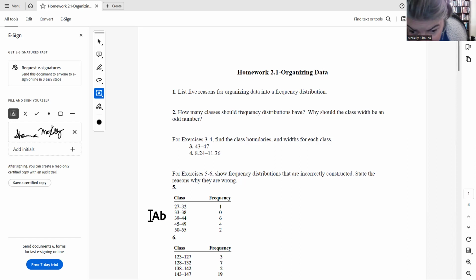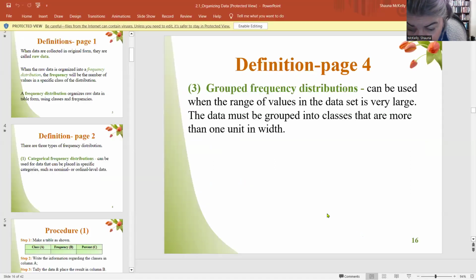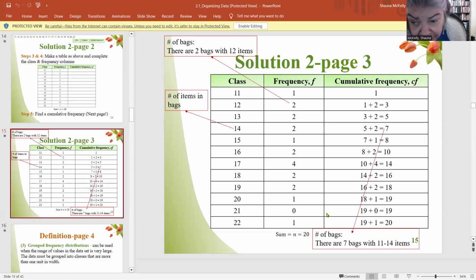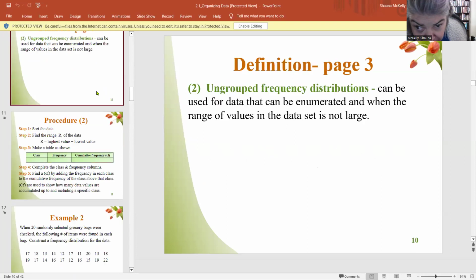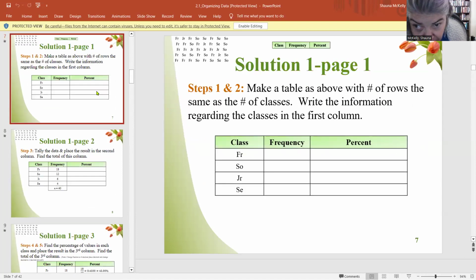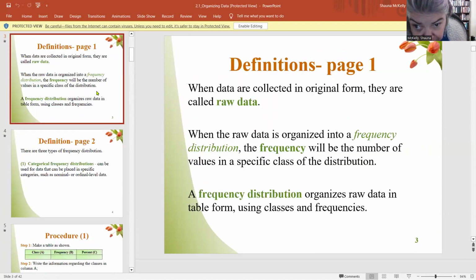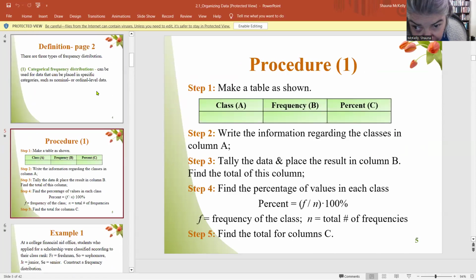Number 2, I want to show you the slides for this homework, because she talks about the guidelines. Let me go back to the guidelines for constructing a distribution. There's 3 types. We've talked about that.